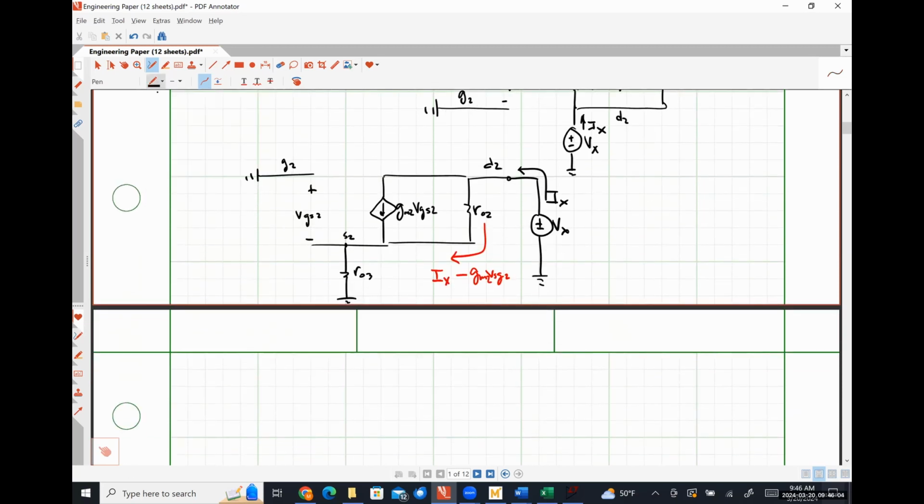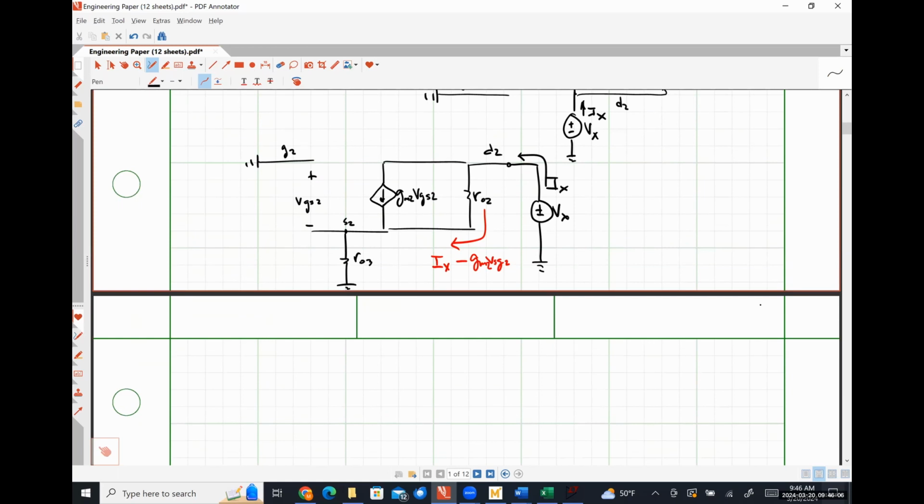And if I write a Kirchhoff's voltage law equation, I could say that Vx is going to be equal to the voltage drop over resistor R02. So that'll be R02 times IX minus GM2 VGS2. So that's the current, plus the voltage drop across R03, which is just R03 times IX.